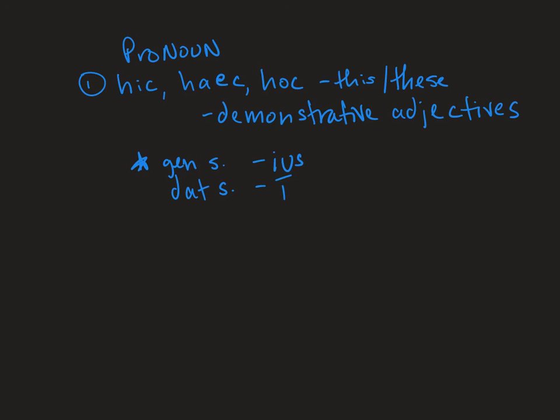And that same principle of how you decline them is going to hold true for our second pronoun, which is an intensive pronoun. That means that it just really emphasizes whatever it's talking about. You can translate it as itself, himself, or very. And it's just important not to confuse these with the reflexives. It doesn't refer back to something, but it just really, really emphasizes something.